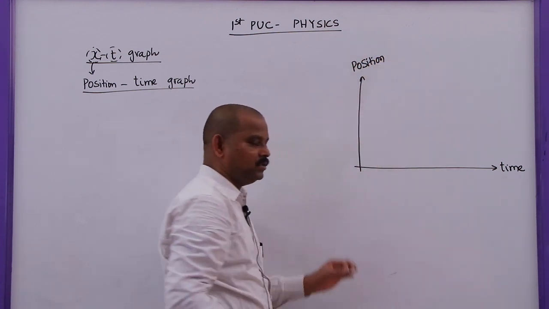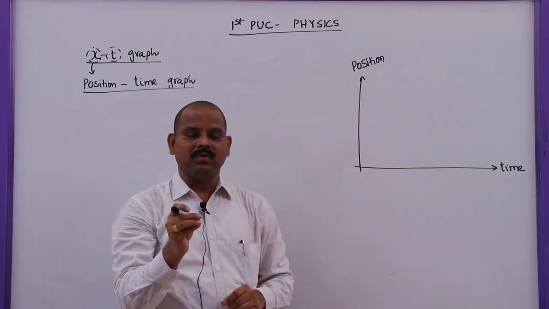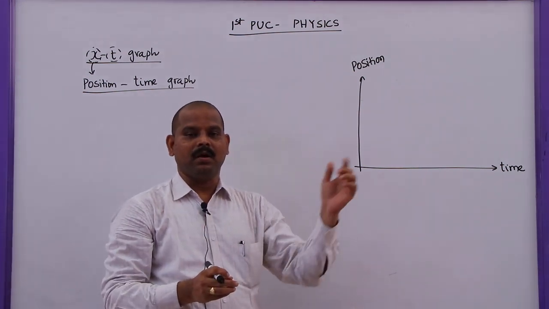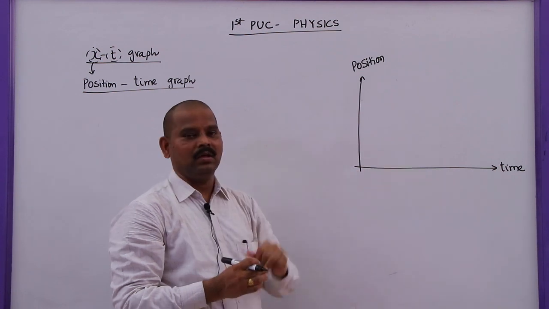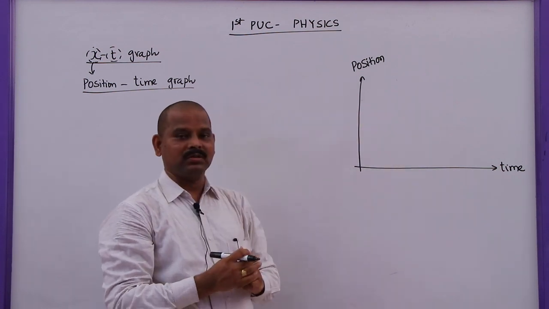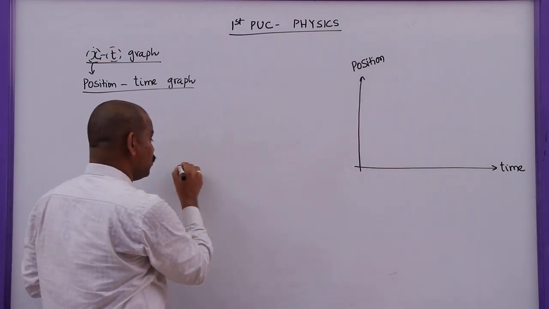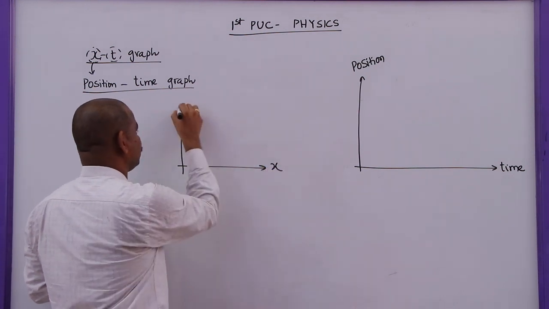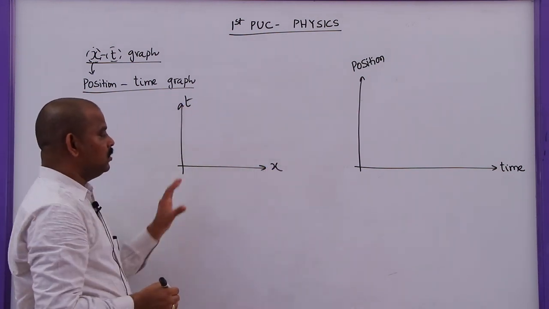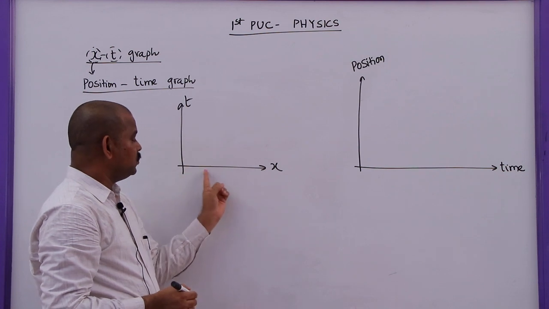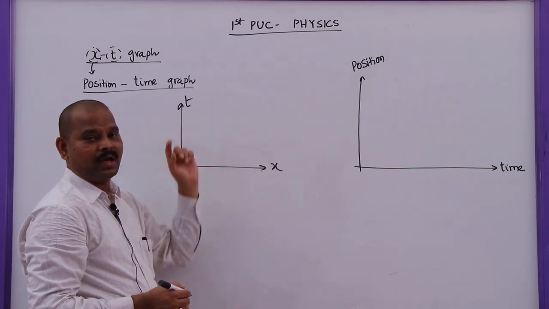In general, if it is not mentioned, let us say one problem is given in a xt graph, always you take time along x-axis, position along y-axis. But sometimes they may give the graph itself like this. If it is the case, then only you consider this one, position along x-axis, time along y-axis.